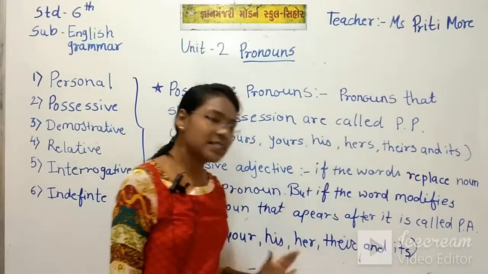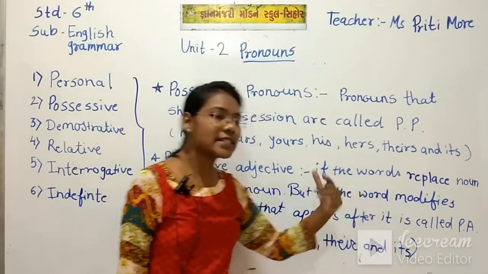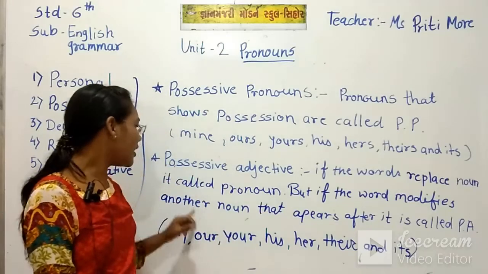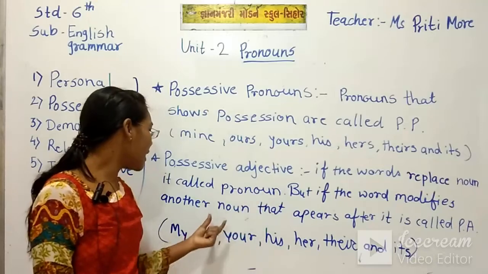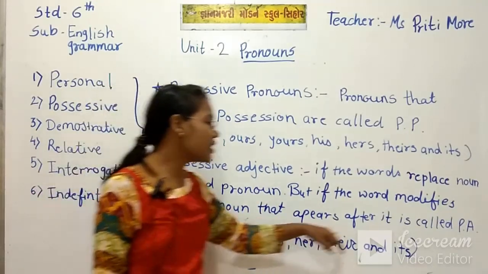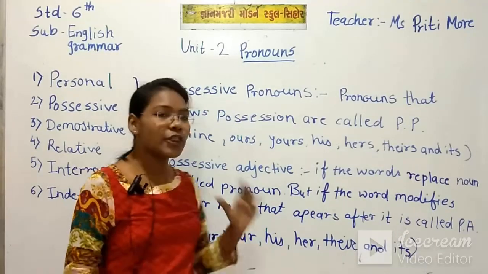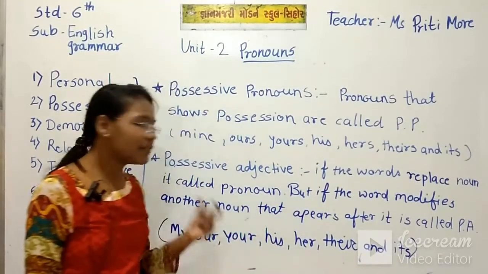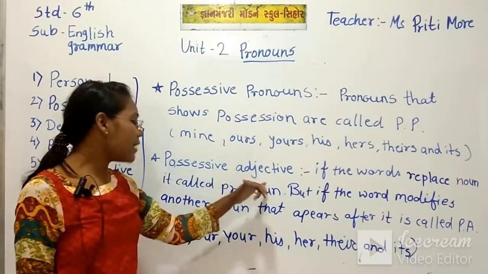The word that replaces the noun is a pronoun. But if the word is coming with and modifying another noun that appears after it, it is called a possessive adjective. How to identify the possessive adjective?